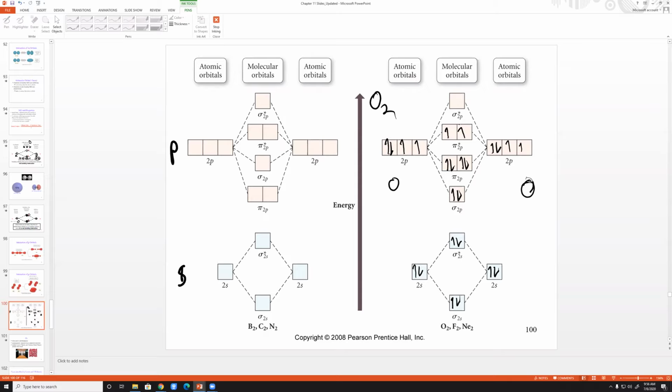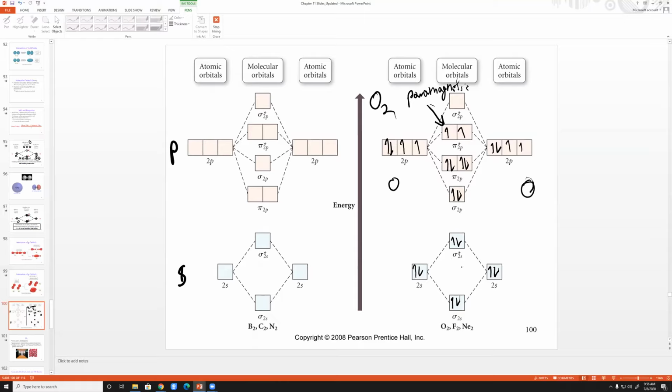Okay, cool. So from this, we can determine the bond order and the magnetism. We automatically see that these 2 electrons are unpaired. Therefore, O2 is paramagnetic. Then for bond order, let's do the bonding electrons minus the anti-bonding.